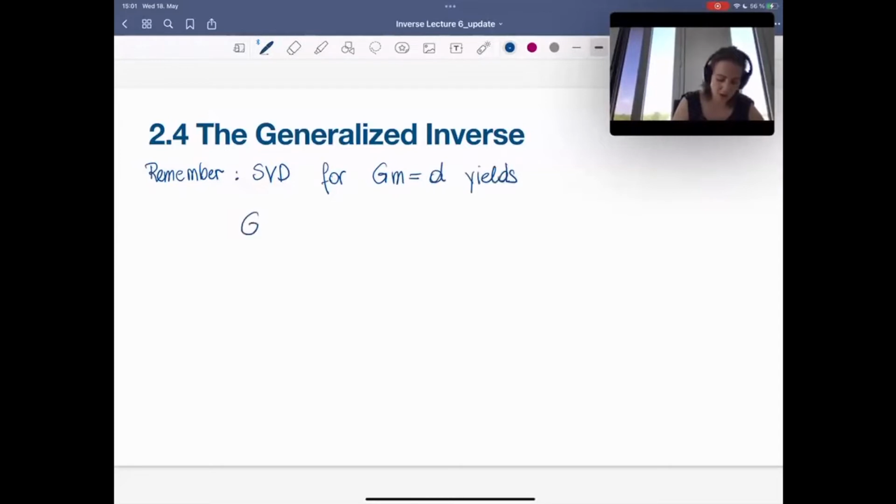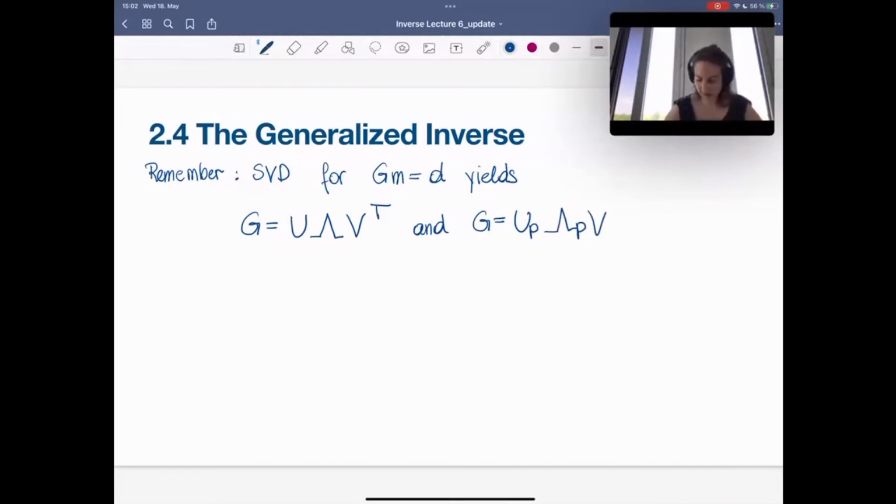So G equals U times lambda times V transpose, and G equals U_p lambda_p V_p transpose.